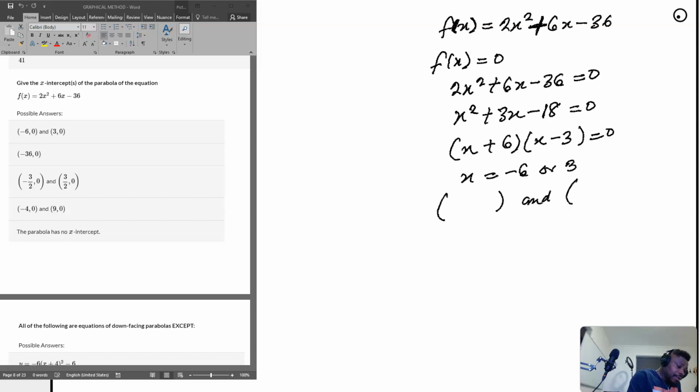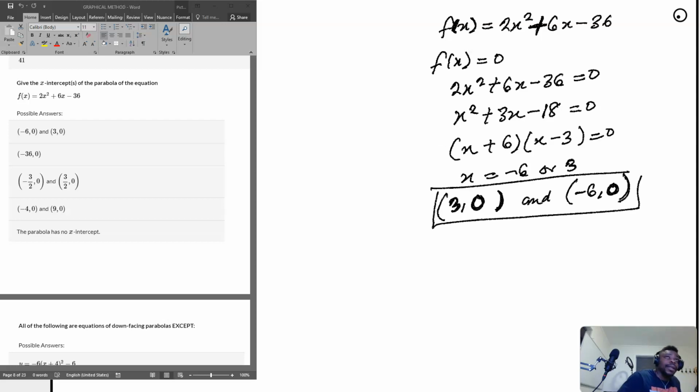So x can be 3 when y is equal to 0, because y is equal to 0 for you to have the root of the equation. And x is minus 6 when y is equal to 0. So 3, 0 and minus 6, 0, which is the first option.